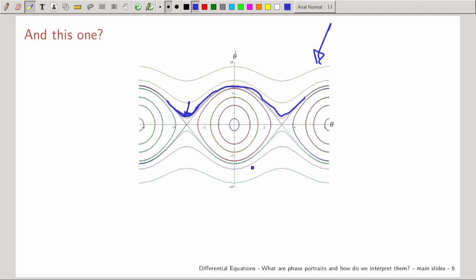Now we do a pause, and then we finish this exercise.